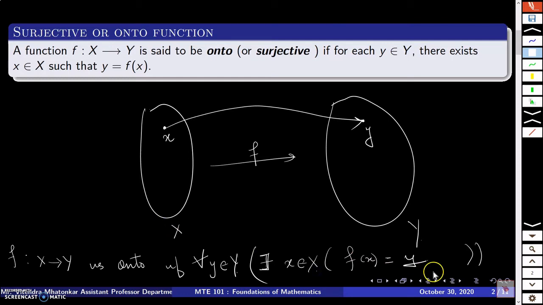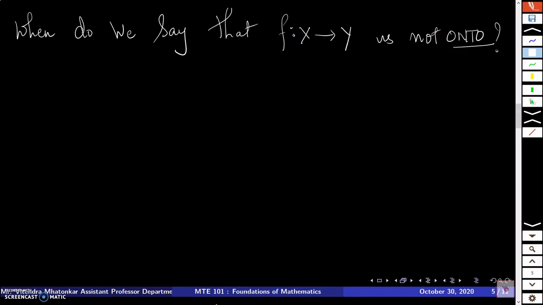So I have to negate this. What will be the negation of this? There exists a point y in Y such that for every x in X, f of x is not equal to y. So the universal turns into the existential and the existential turns into the universal quantifier.